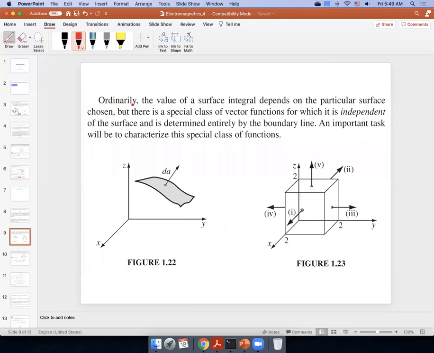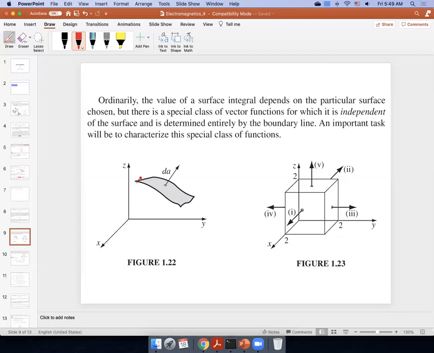Ordinarily, the value of a surface integral depends on the particular surface chosen, but there are some special cases of vector functions for which it's independent of the surface. It's only determined by the boundary line. For example, now you have a boundary line from here to here to here to here. With this boundary line, you may have a lot of different surfaces.